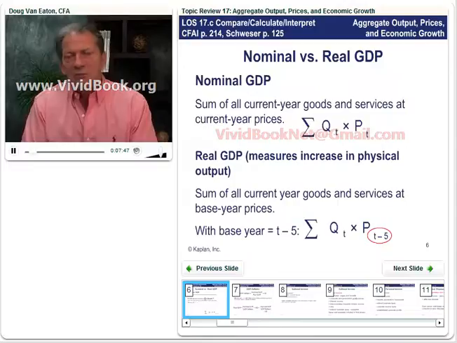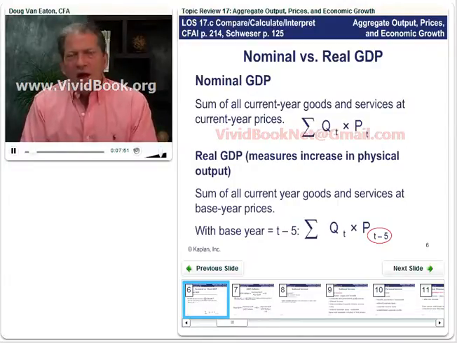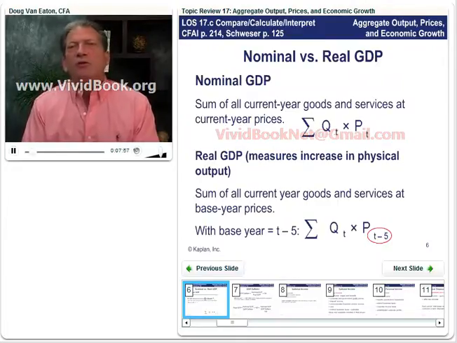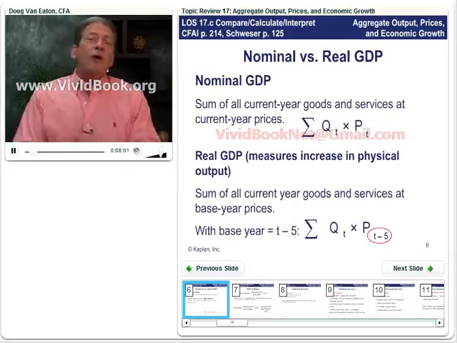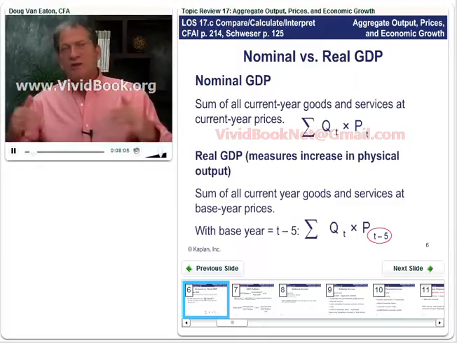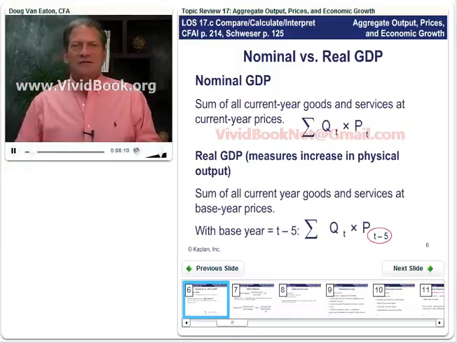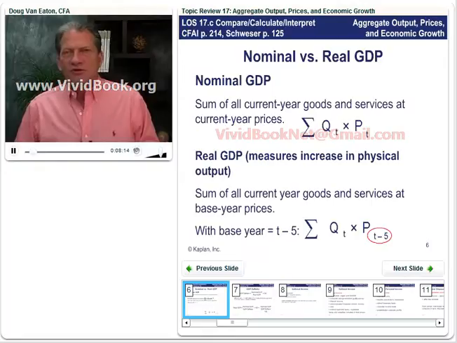So that's nominal GDP. But because of inflation, that might be growing even if the real output, the quantity of goods and services being produced in the economy, has not increased. If we have 3% a year inflation, then nominal GDP would go up 3% a year, even if we produced exactly the same goods and services as the prior period.